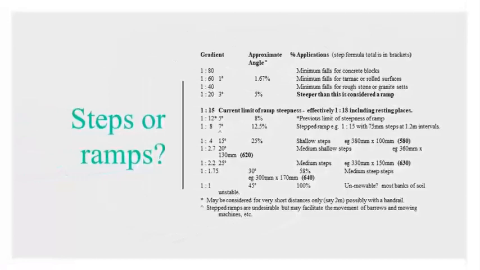The choice between using a ramp or a flight of steps depends mainly on the gradient and the total length involved, as we shall see shortly when we do some exercises.